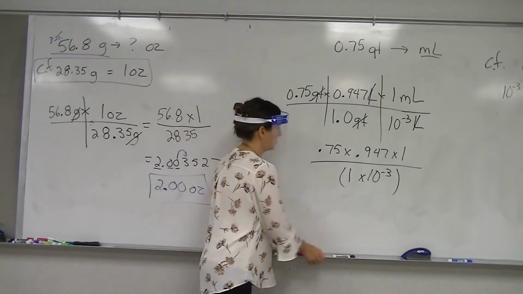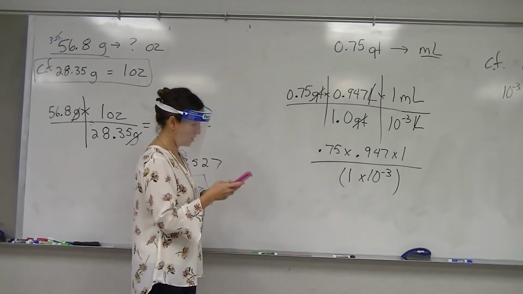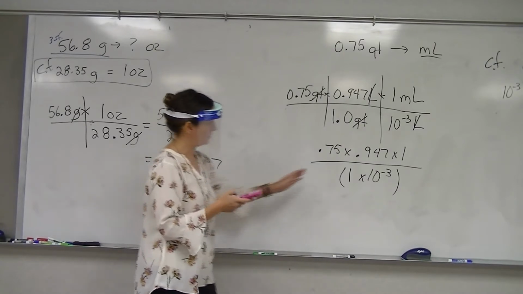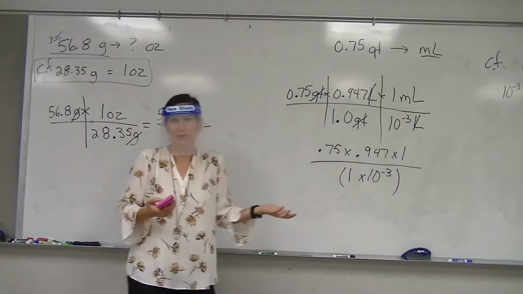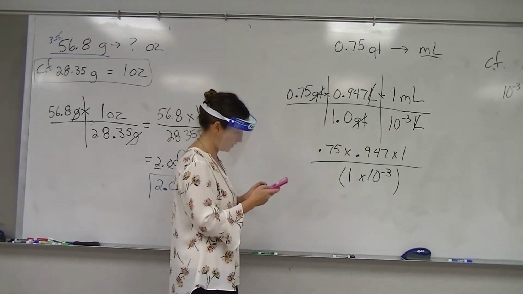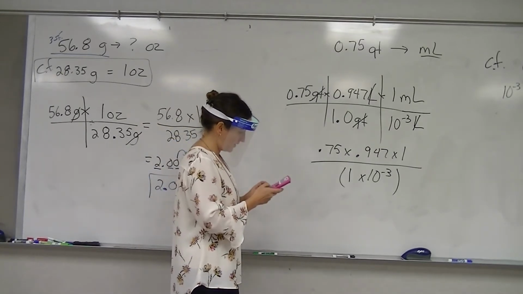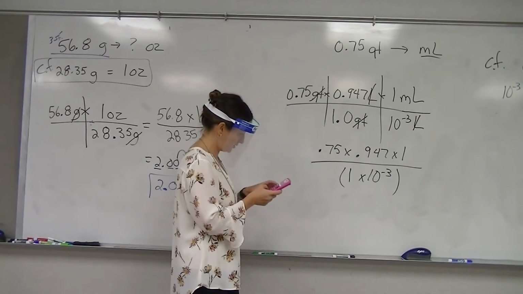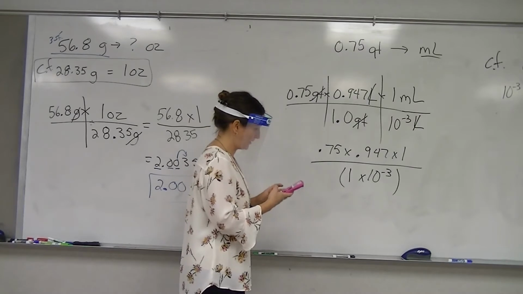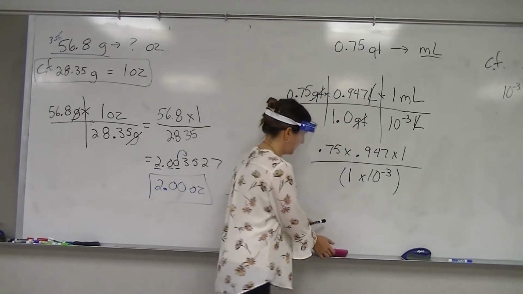So if you're entering this and it's not working, some calculators need it in parentheses, only when it's in the denominator for some reason. I'm not 100% sure why, but I know my calculator's like that. So I'm going to divide by 1, and I get 710.25.